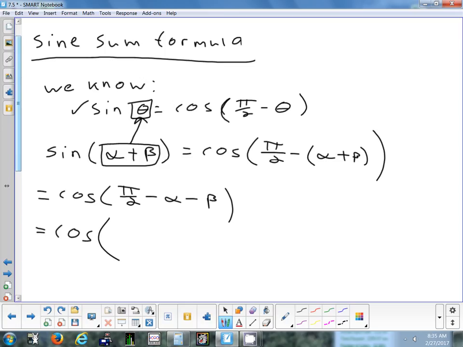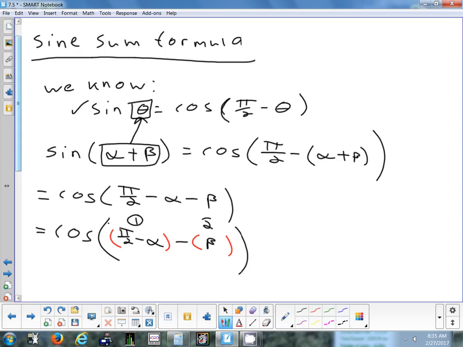I'm going to treat the first angle as pi over 2 minus alpha. That's going to be the first. Minus. And beta is going to be the second. Any questions on what I just did there?